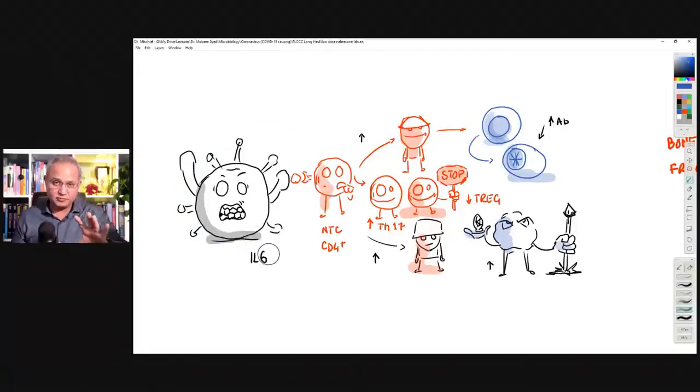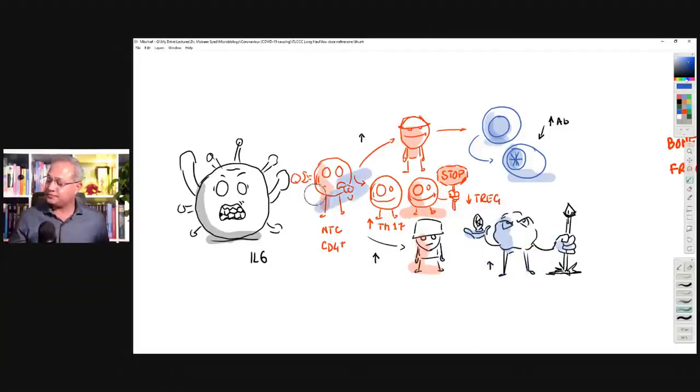Now, if this normal mechanism was continuing, we know that this innate arm will activate the naive T cell, T helper cell. Naive T cell can become T helper 2 or T helper 1. T helper 2 would then help a B cell to become a plasma cell and make antibodies. We also know that a naive T cell under the influence of interleukin 12 can become a T helper 1 cell, and T helper 1 cell in turn can activate cytotoxic T cell or CD8.